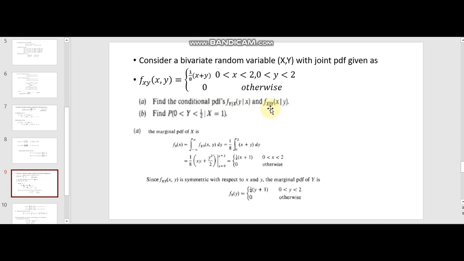To find the conditional pdf of y, I will take the joint pdf of x and y and divide it by the marginal pdf of x, so then I will get the conditional pdf of y. Similarly, the conditional pdf of x, I can get by dividing the joint pdf with the marginal pdf of y.